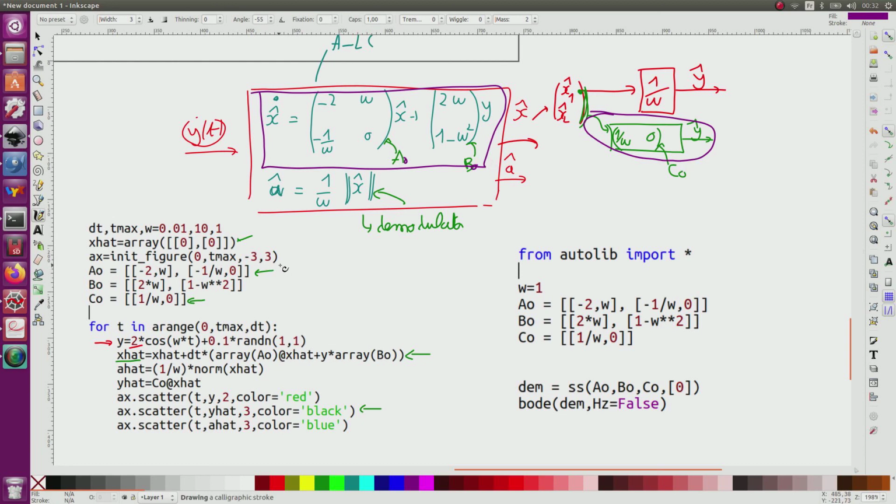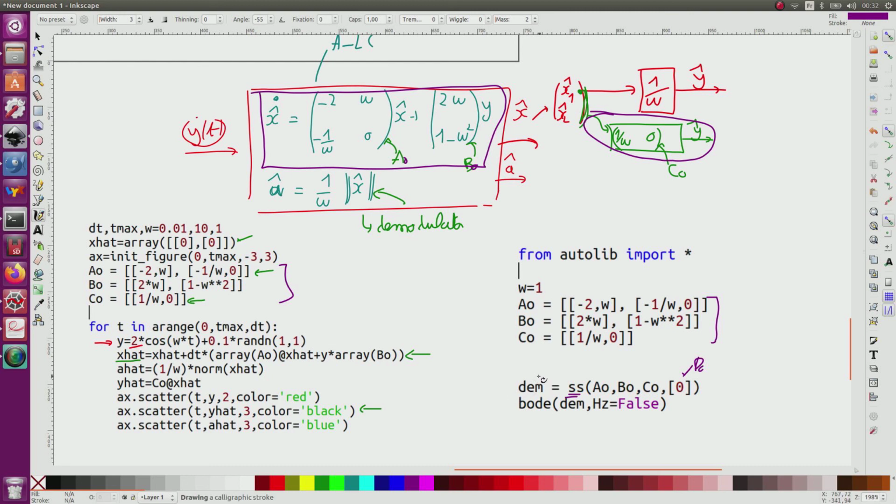So these matrices are still here. I will use the control toolbox of Python with a state space model, so from A0, B0, C0, and the direct matrix D0 equal to 0, since I have no direct matrix here.